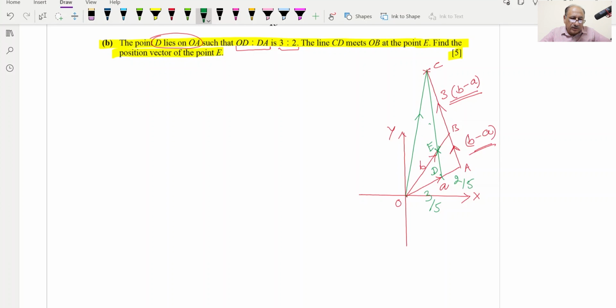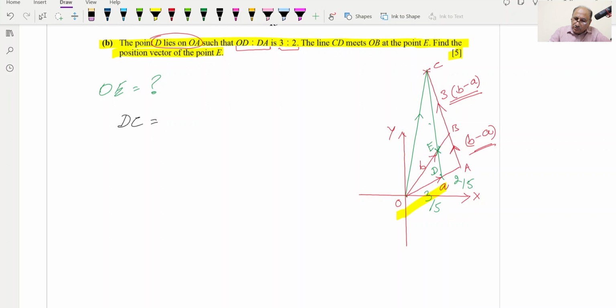Then find the position vector of the point E. So we need to find OE. Ultimately our target is to reach OE, and what we will do, we can write DC. DC will be equal to DO plus OC, this route, this one, and then this one.